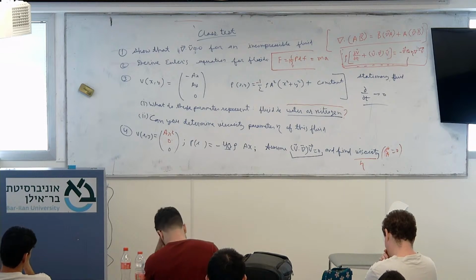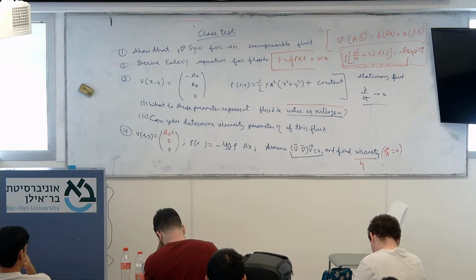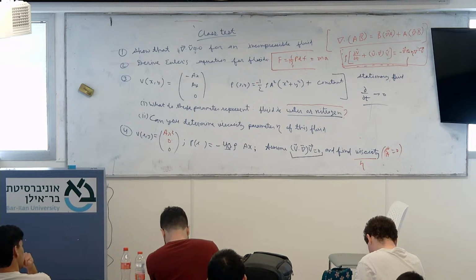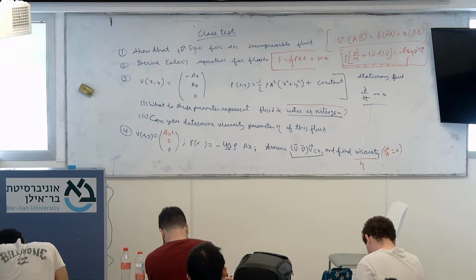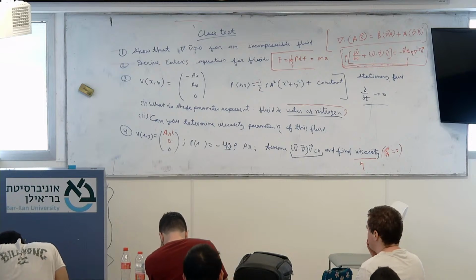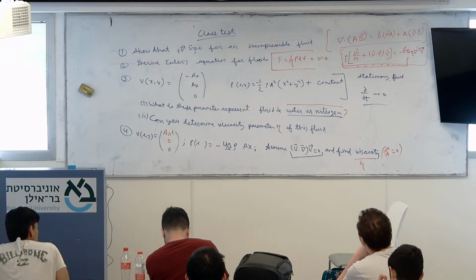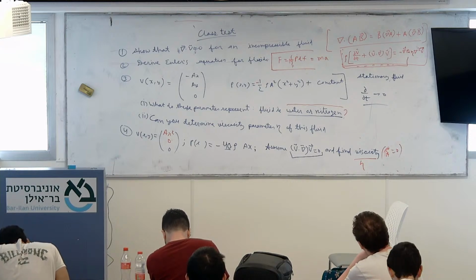A fluid that satisfies the Euler equation has viscosity 0. So it does not have viscosity. The conclusion is that from the equation you cannot find it out because it is 0, but any fluid that satisfies the Euler equation does not have viscosity. Therefore, the viscosity is 0. It's just a matter of interpretation.